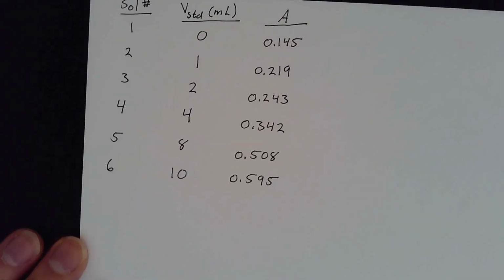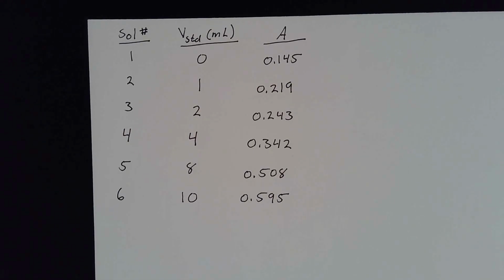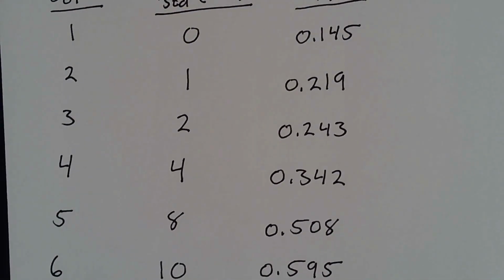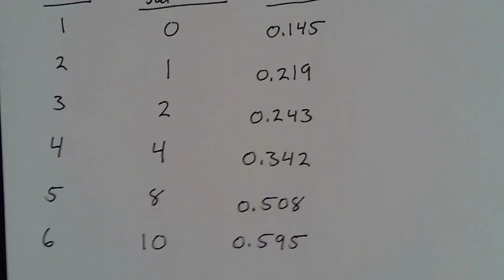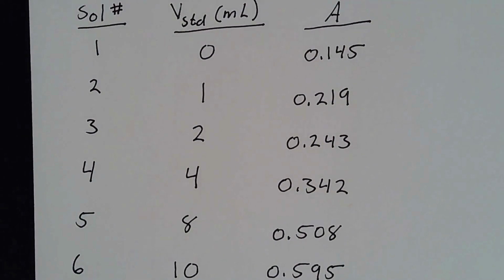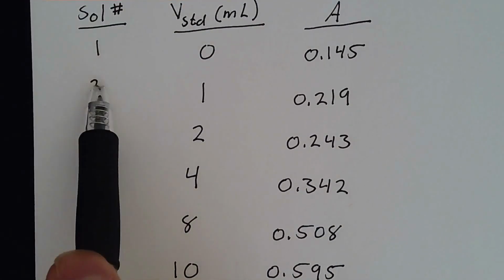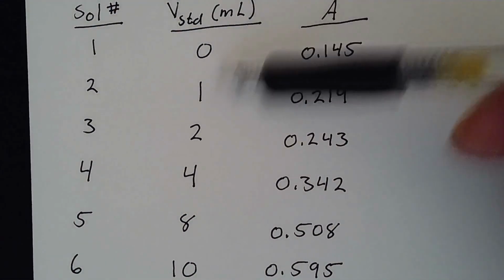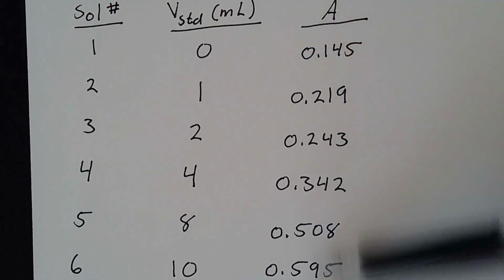So the data that we'll be using is this here. Can it all fit? Nearly. There we go. There. This is the data. We have the solution number, 1, 2, 3, 4, 5, and 6. The volume of standard solution added, and the absorbance that was measured.